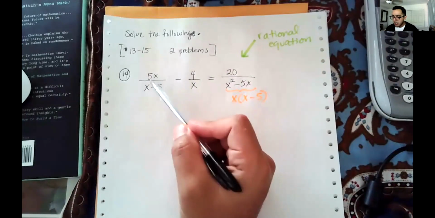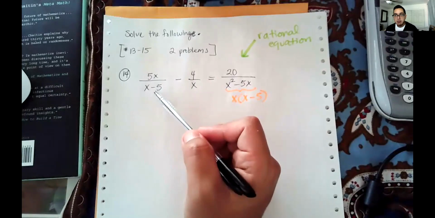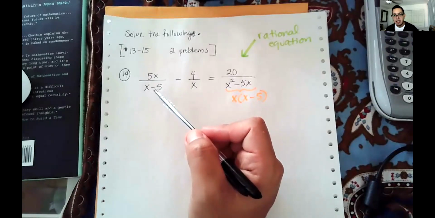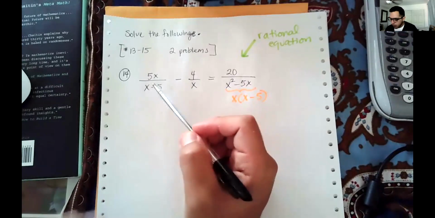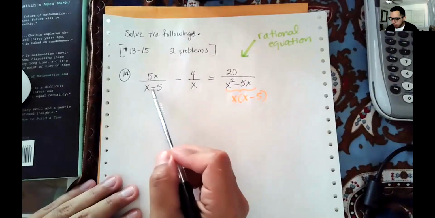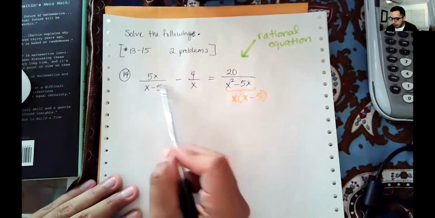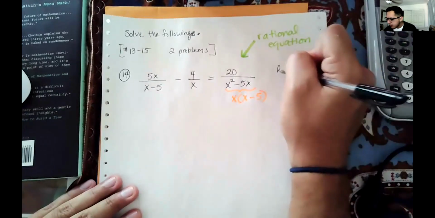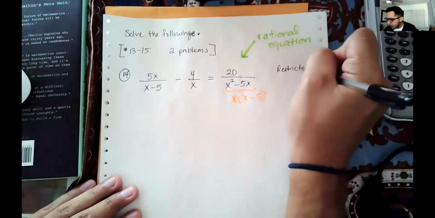We cannot have a denominator of 0 for fractions because fractions are division problems. And so if we have something over 0, that's like saying that we're trying to divide by 0, and we simply cannot do that. So what value of x will make this expression in the denominator 0? So these are our restricted values.